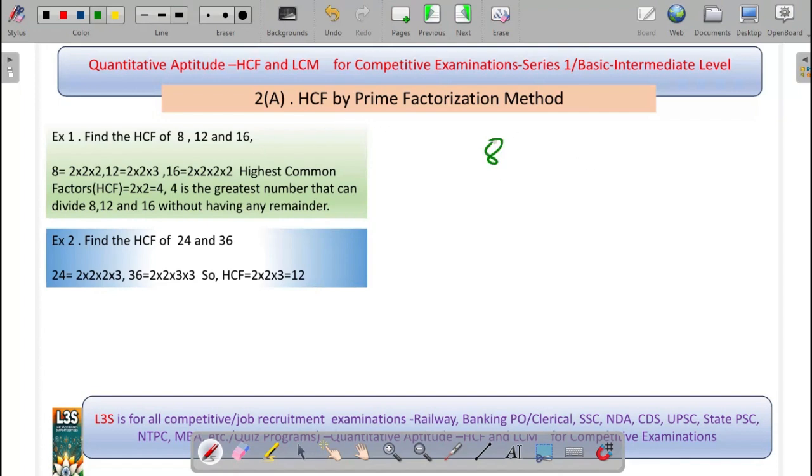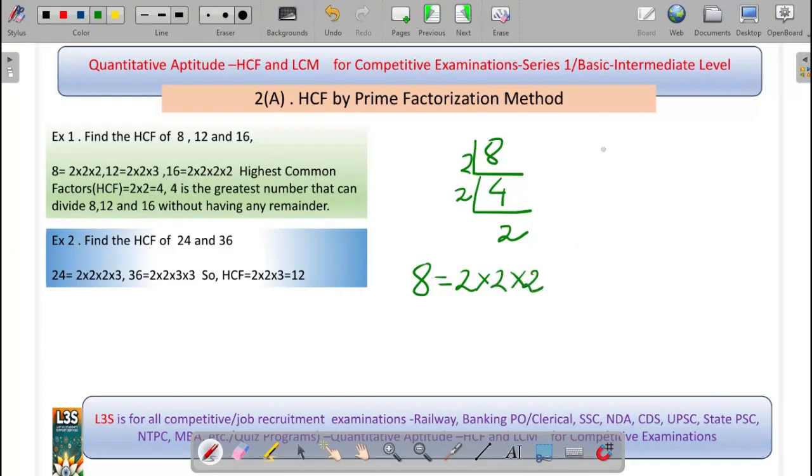Say 8, how will we find the factors? Take the prime number 2. So 2 into 4 is equal to 8. Then again we simplify it. So 8 equals 2 into 2 into 2.